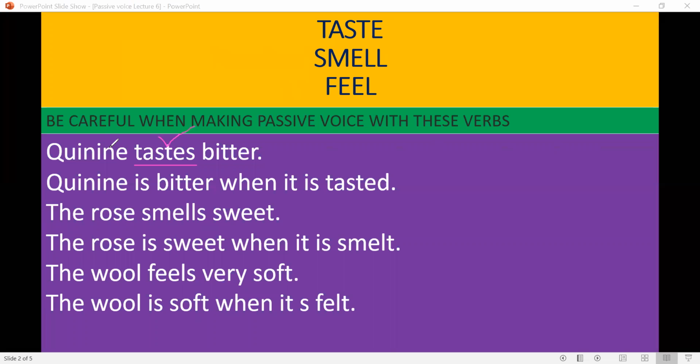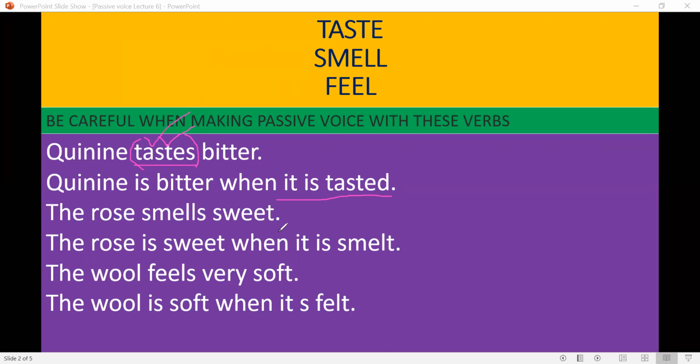To be very careful, we will turn this verb into passive voice first. Quinine is bitter when it is tasted. So the passive voice of taste would be "it is tasted." Then we will add the meaning: quinine is bitter when it is tasted.